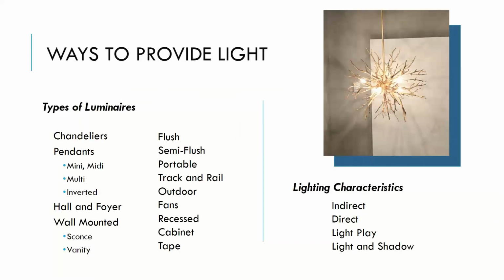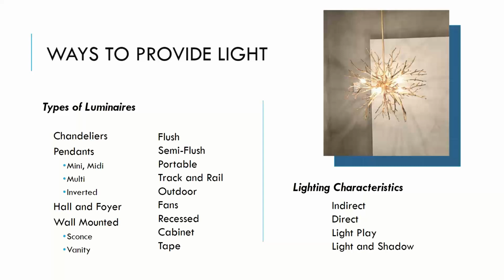Absolutely. So types of luminaires. You can see the list there. Anything from chandeliers, flush mounts, sconces, and then all the variety of different sort of tracks, portable lights. So these are things on the wall, on the ceiling, on the floor, everywhere in between. Lighting characteristics. This can be difficult to show in a showroom setting, but it is very important to explain the lighting characteristics of a particular fixture.